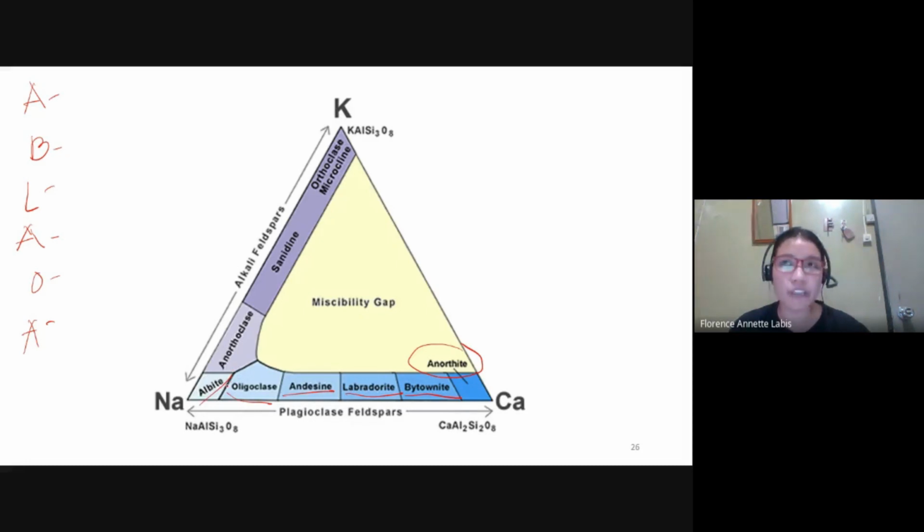So when I say anorthite content is 100, it's written An sub 100. That is anorthite. So if we check this ternary diagram, anorthite is basically 90 to 100, bytownite around 70 to 90, labradorite 50 to 70, and then andesine, oligoclase, or albite less than 50.